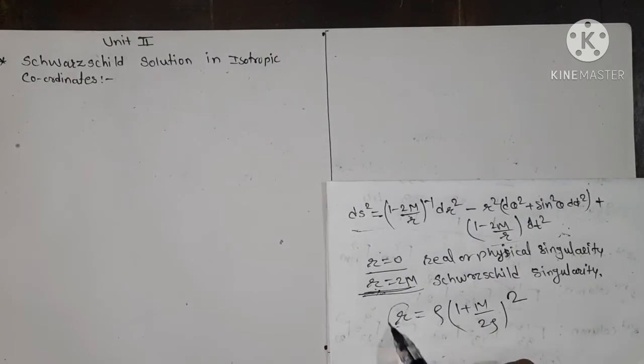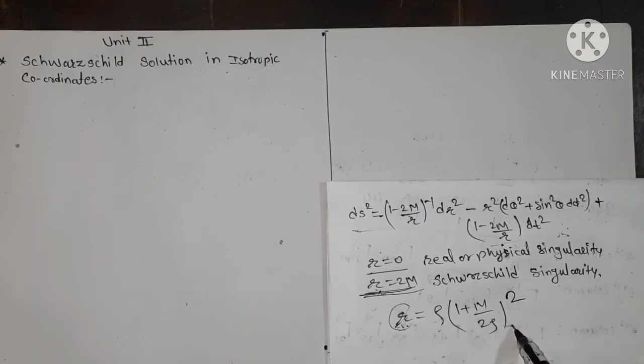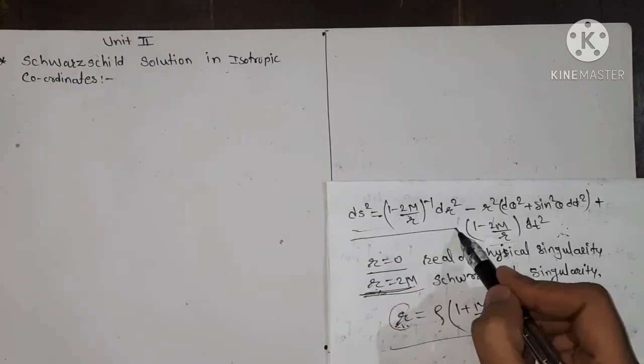So we define a new radial coordinate ρ in terms of r, and using this transformation we transform the line element.